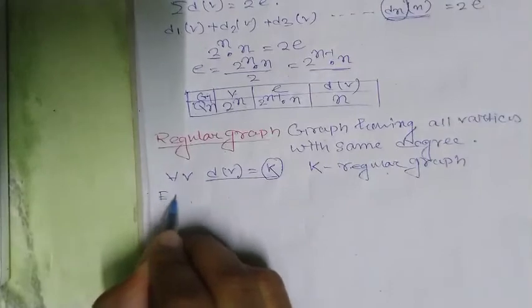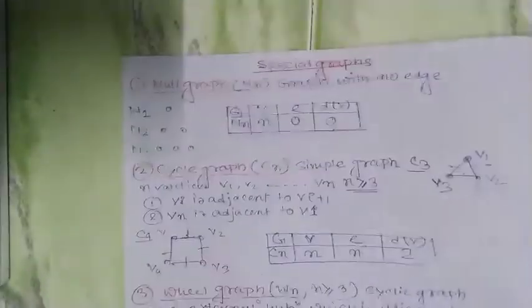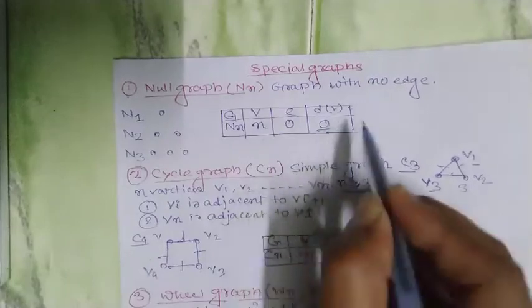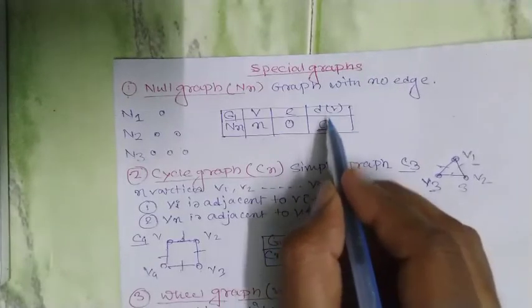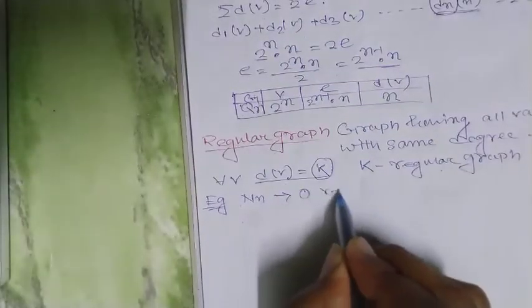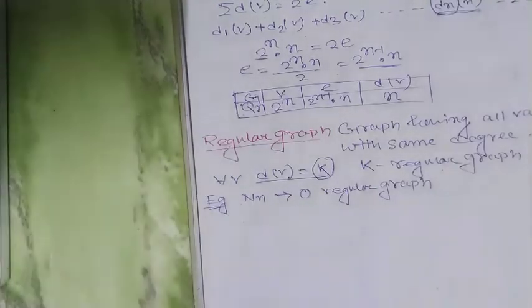Okay, now we will see some examples. We have discussed the null graph earlier. So what is a null graph? I'll just show what a null graph is. In a null graph, we can see the degree of every vertex is 0. So the null graph is also one kind of regular graph, called a zero regular graph, because every vertex has degree 0.